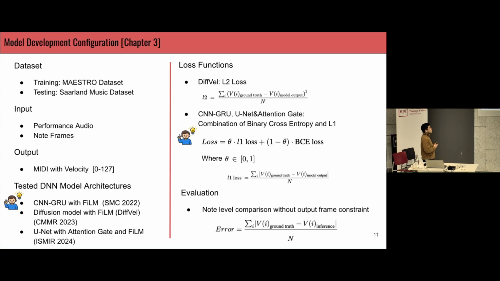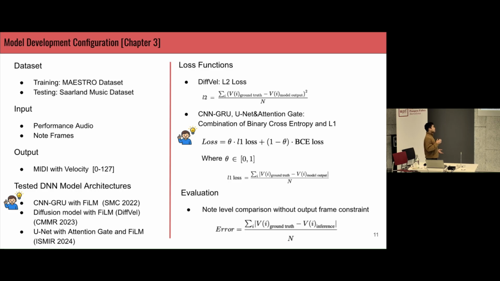The reason this combination works the best for these models is that BCE loss is made for classification tasks, a binary classification task, which is which keys are pressed or not. So each of the 88 keys on the piano has a 0 or 1 activation to judge whether it is a performed note or not.